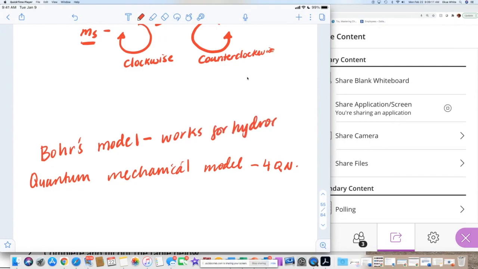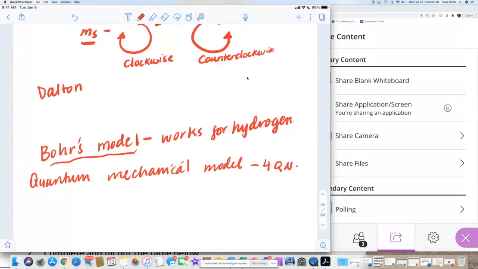Bohr's model is the model where you have electrons moving around the nucleus in orbits. And the lab that was due this weekend, the one where you have to draw the planetary model, that is Bohr's model.